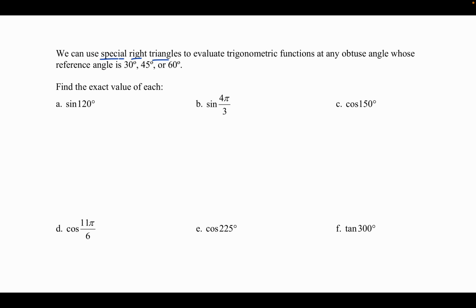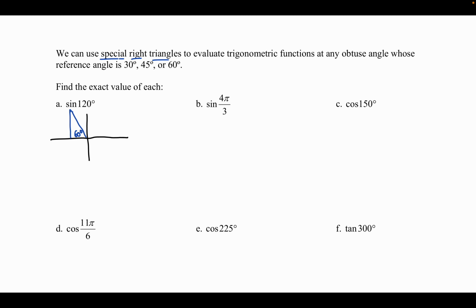So let's look at sine of 120. So 120 degrees, if we draw that on the coordinate plane, that is 30 more than 90. So up there, if we make a triangle, this angle will be 60 degrees. I'm going to draw that bigger. 60 degree angle.